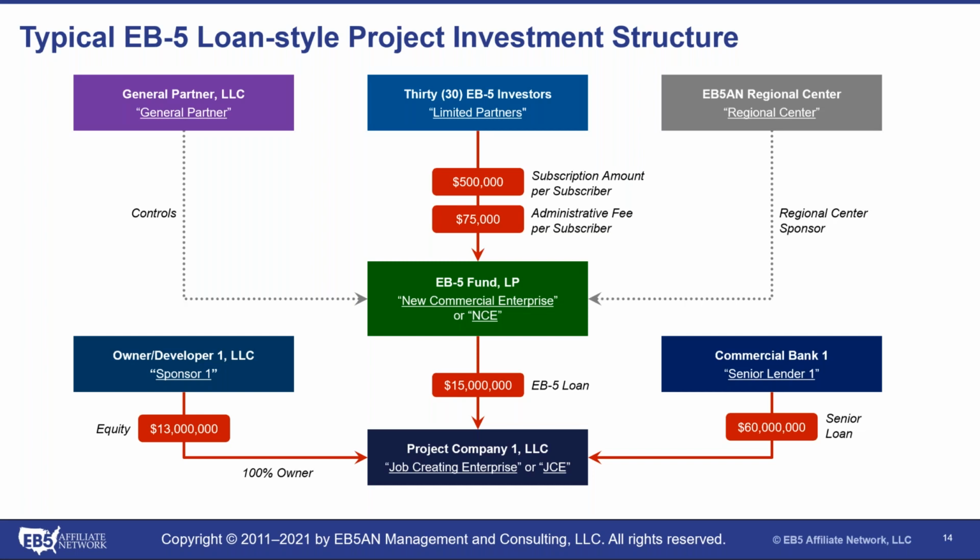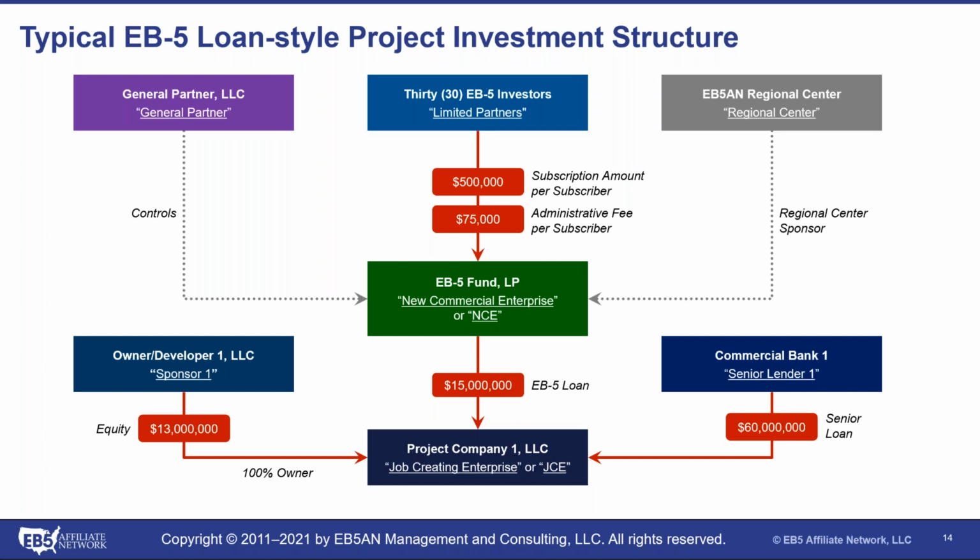And so I'll start off with a little more on who the players are, because that is really one of the main starting points. When you're considering a redeployment program, you have to understand there's many different parties that we have to consider and what their roles are. And so you have the developer, the project company, you've got the EB-5 company, you've got the EB-5 company's manager, you've got the regional center.